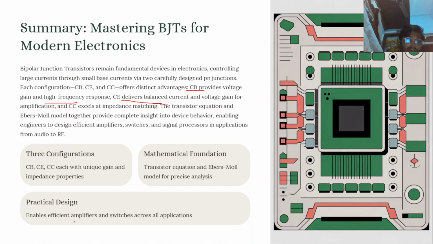It provides insight into device behavior, enabling engineers to design efficient amplifiers, switches and signal processing applications across different frequencies. In all the slides we learned about different operations and mathematical foundations in the Ebers-Moll model and practical designs enabling amplifiers and switches across all applications, which is the summary.